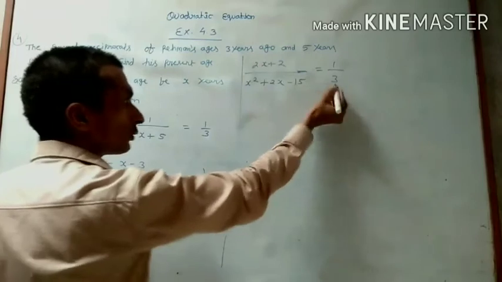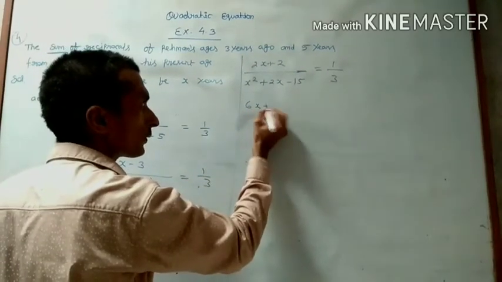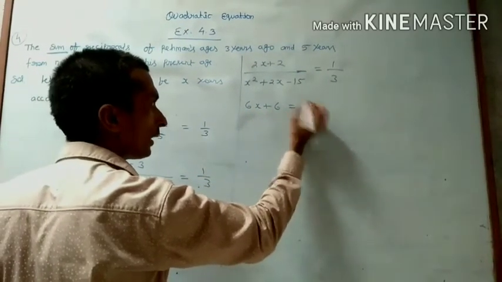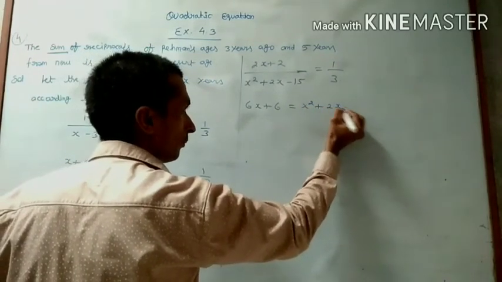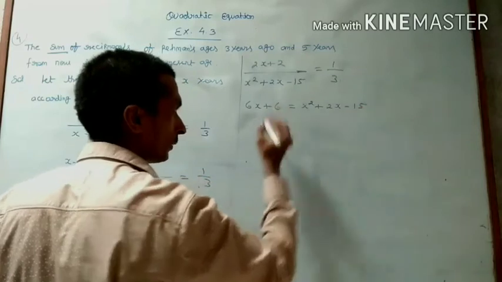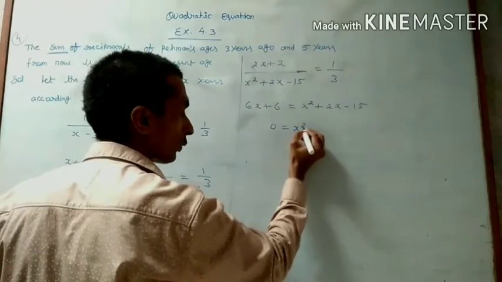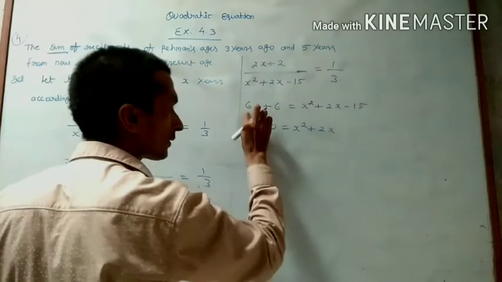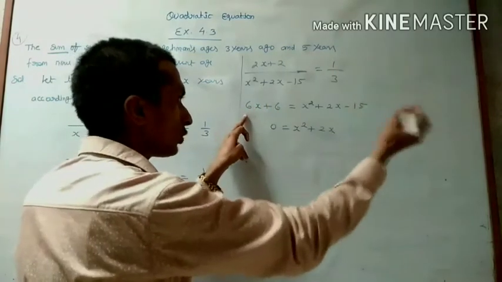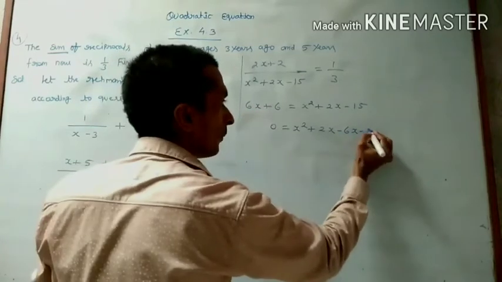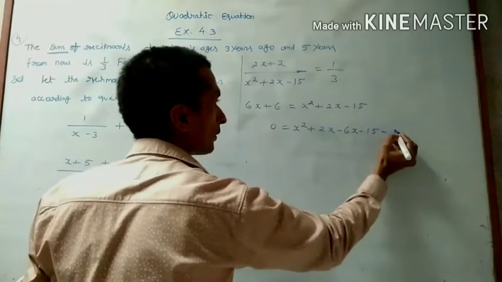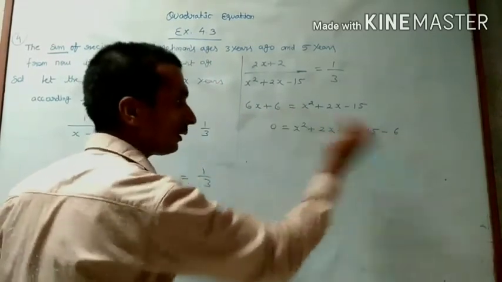Cross multiply, so 3 times 2x plus 2 is 6x plus 6, equal to, multiplying by 1, this equation as it is. So 0 equal to x square plus 2x, and this number moves to the RHS, so plus converts into the negative sign, minus 15 and minus 6, plus converts into the negative sign.